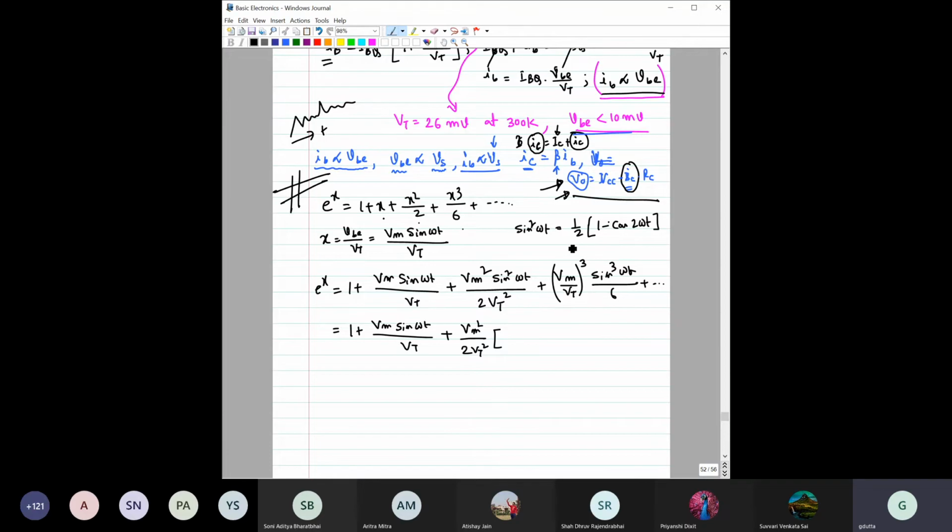And 1 minus cos of 2 omega t can be written as 1 minus sine of 2 omega t plus 90 degree, right? So we have to write another half. So here half, then here 1 minus sine of 2 omega t plus 90 degree.